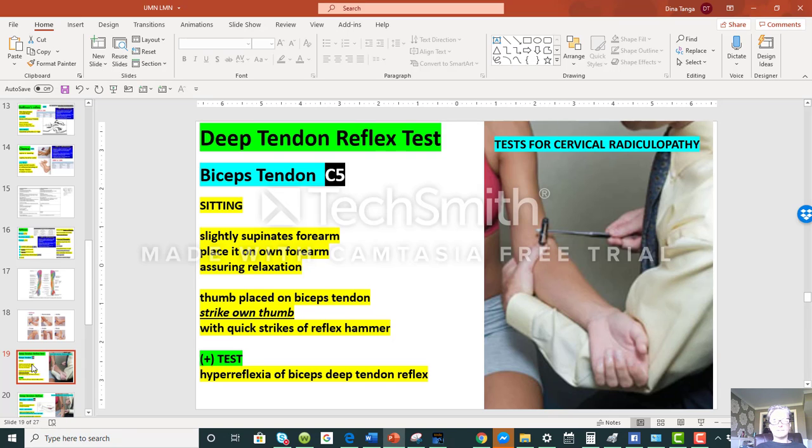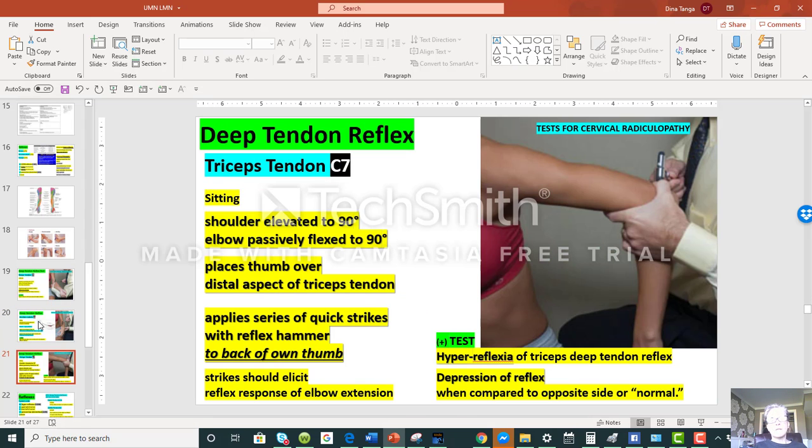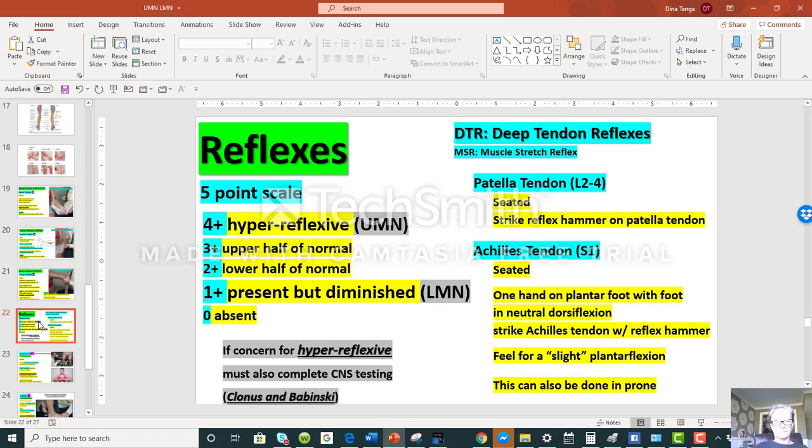There's the biceps tendon. It's a test for cervical radiculopathy. Brachioradialis, C6, cervical radiculopathy. C7, cervical radiculopathy. Here again, hyperreflexia: upper motor neuron.